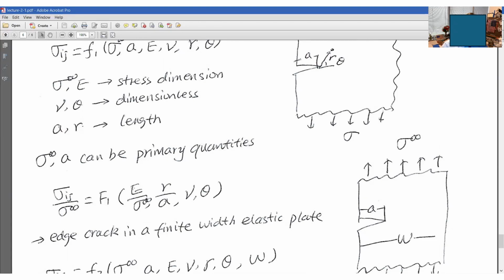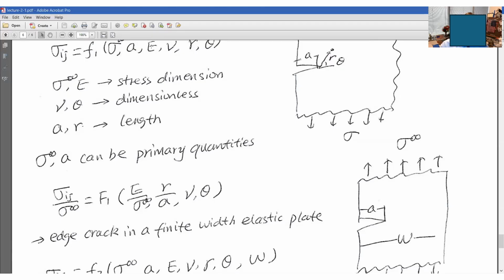So this sigma will be thrown away because sigma infinity is primary and A is primary, right? So all the primary variables will be thrown away. Why? Because they are going to be used to make other quantities dimensionless. E is here, okay?